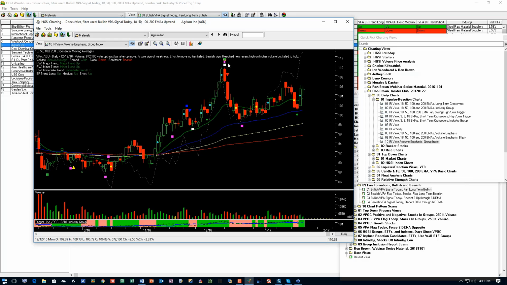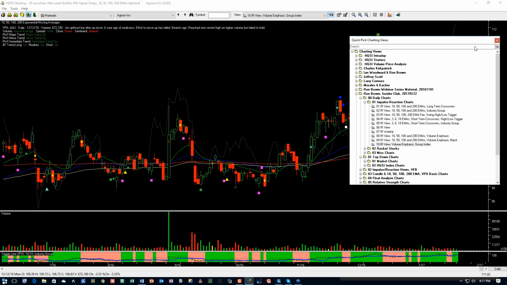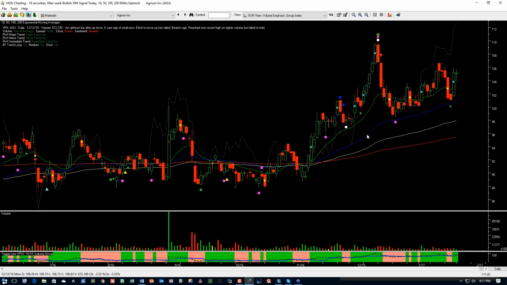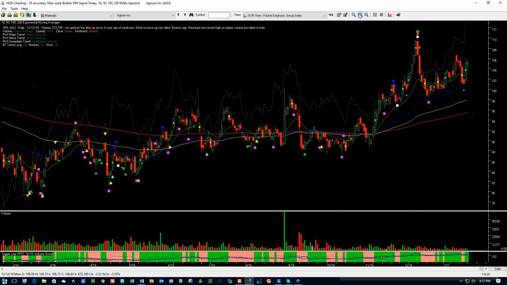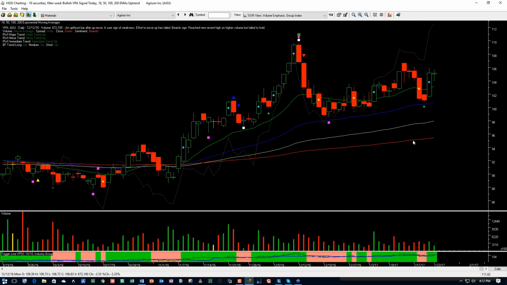Now let me make this full size so we can see it a little bit better. We have the multiple VPA flags going down, but let me see if I can get that out. Wrong way, sorry about that. Okay, I got it out there.